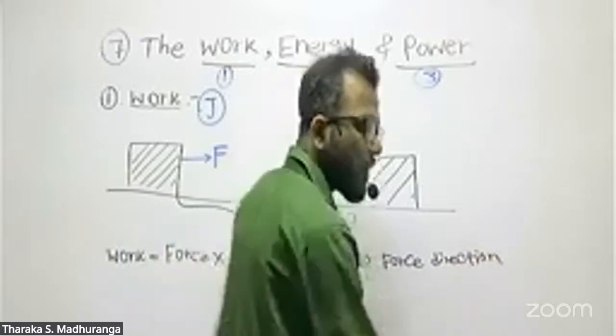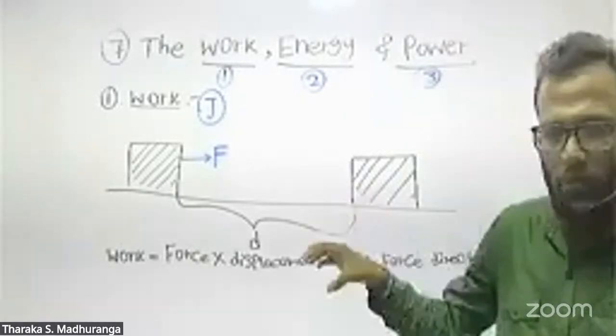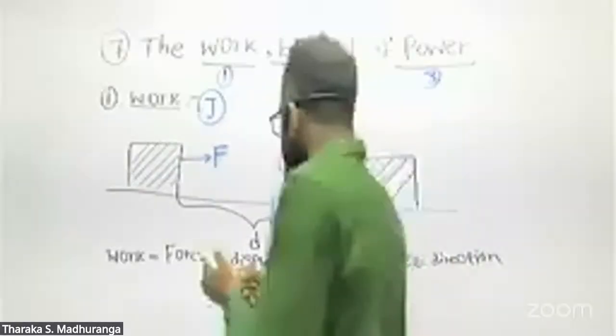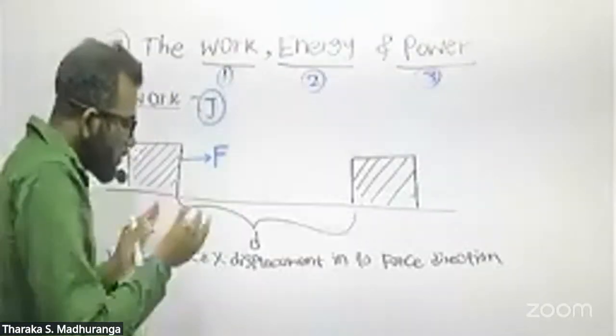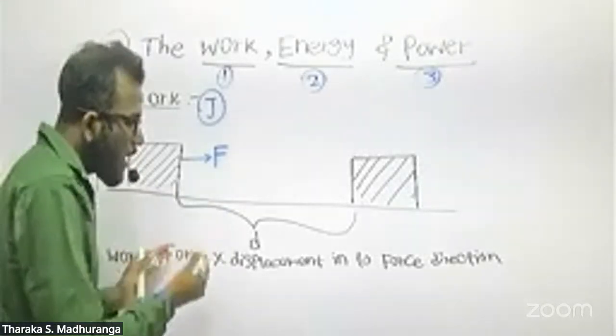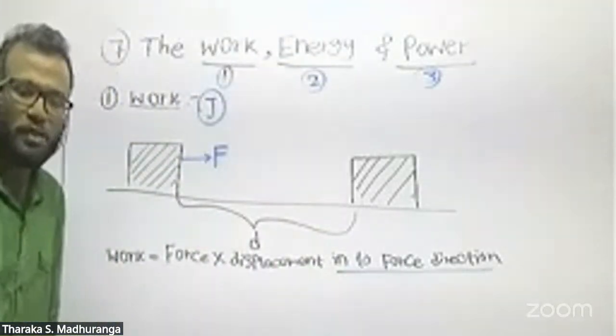In O level, you know only that the work equals force times displacement. But now an additional part is coming. The work means the product between force and displacement in the force direction.